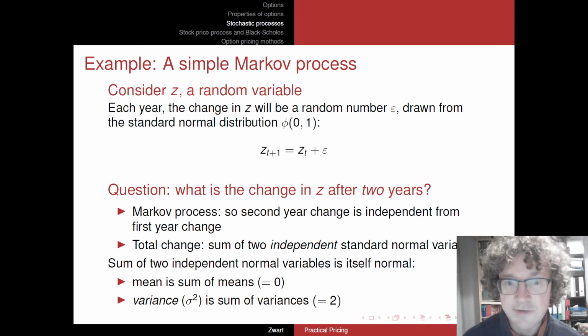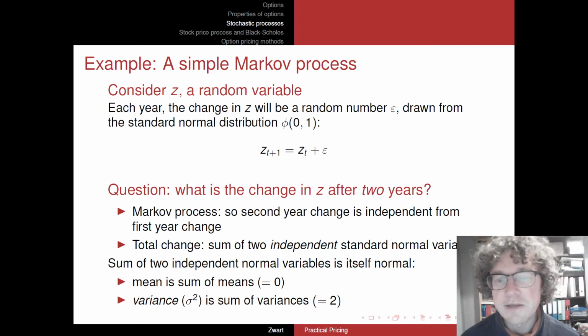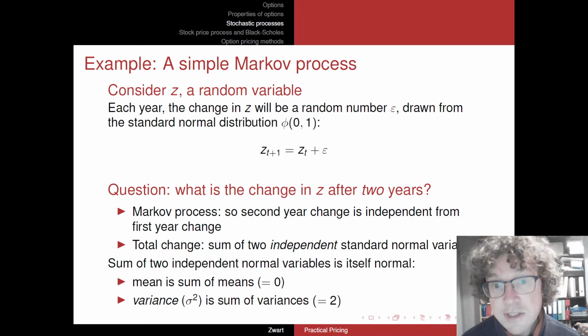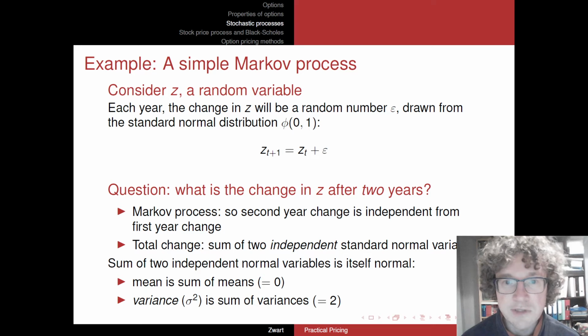So there are two independent draws from the standard normal distribution that are going to be added to our variable z. The total change after 2 years of our variable z is going to be the sum of two independent standard normal variables. What do we know about sums of independent normal variables? First of all, this sum is again normally distributed. Its mean is going to be 0, the sum of the means. And the variance of this new increment after 2 years is going to be the sum of the individual variances of each of these individual epsilons for each year.